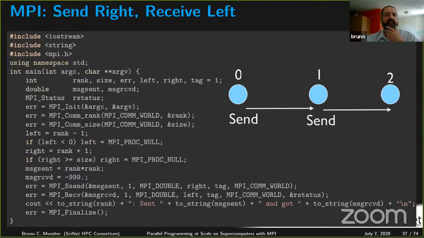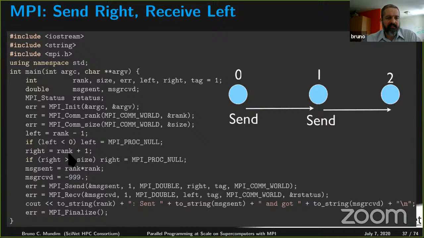So for example, if I want to send right and receive left, I do the following. MPI starts and gets the rank. For the left, I just say rank minus 1 is going to be my left. So the left of 1 is going to be 0. However, for 0, the left is going to be MPI_PROC_NULL, because you don't have any process there.